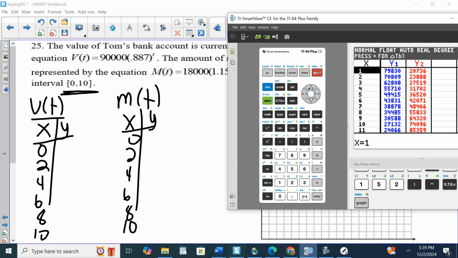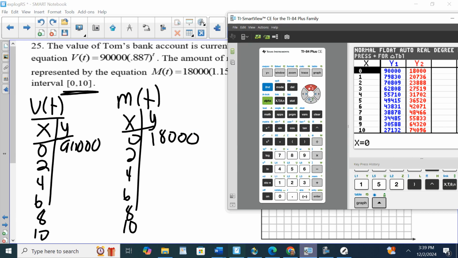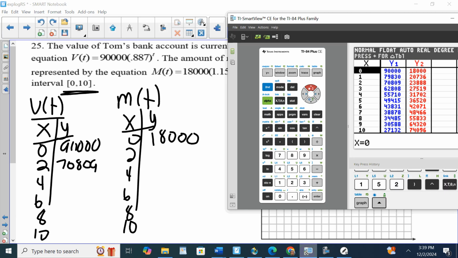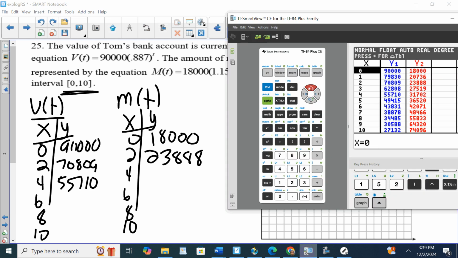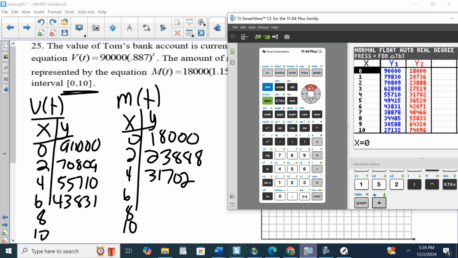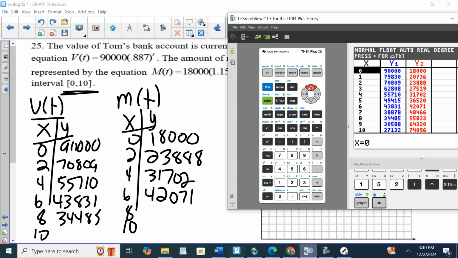And I go to my table and I write down my values. So for the blue, 0 is 90,000 and 18,000. 2, I've got 7,809 and 23,888. 4, I've got 55,710 and 31,702. 6, I've got 43,831 and 42,071. 8, I've got 34,485 and 55,833.